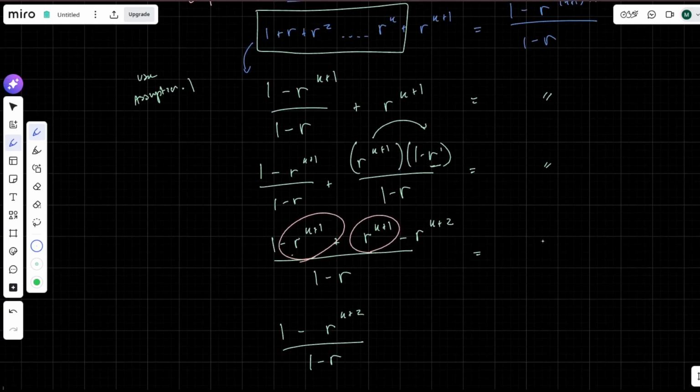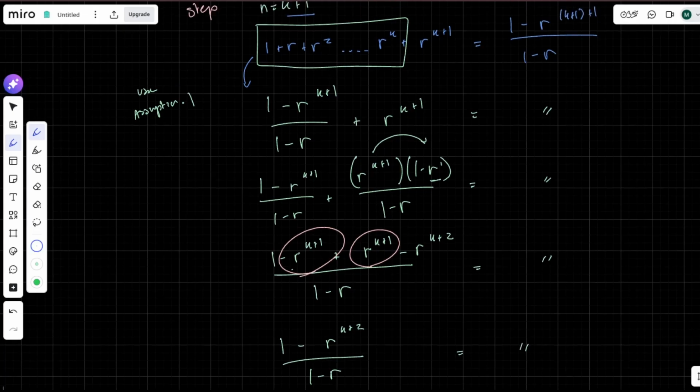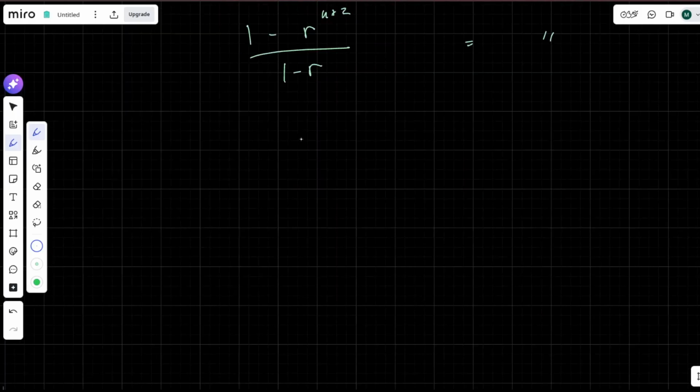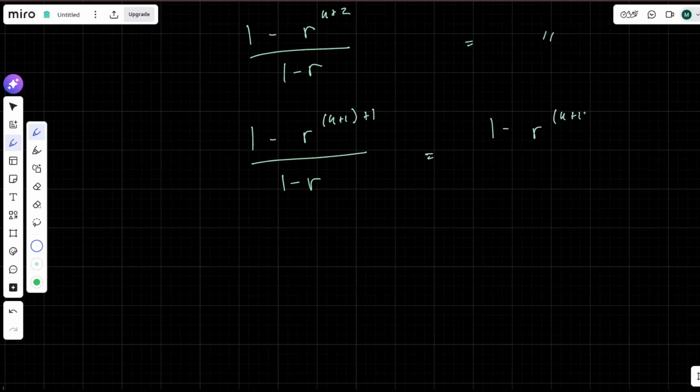I'm just going to make it look exactly the same as what we have over on the right-hand side, which is we have k plus 1 plus 1. So it's a bit pedantic, but just to make sure that we're really driving the point home, k plus 1 plus 1 over 1 minus r, because k plus 2 is the same as this, and therefore we have identical values. We've proven our identity.